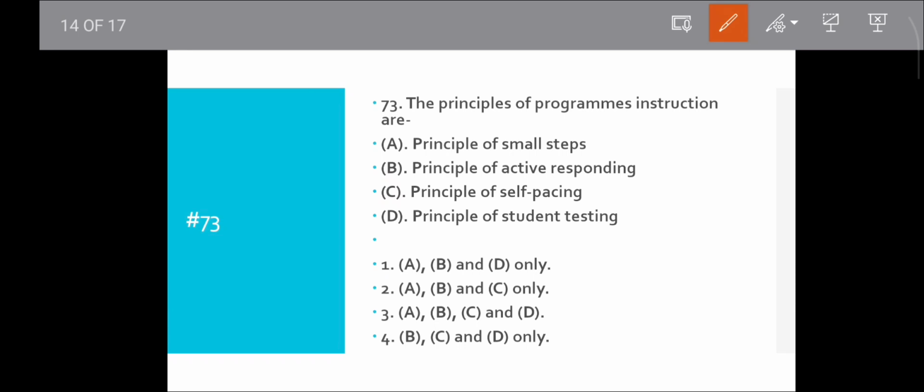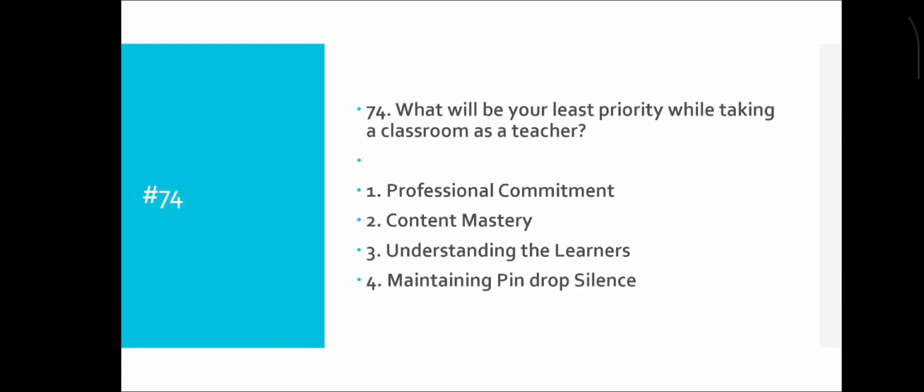There are 5 principles: small steps, active responding, immediate feedback or confirmation, self-pacing, and student testing. So all are here. So A, B, C, D, option 3, will be the correct answer. Move to the next question.